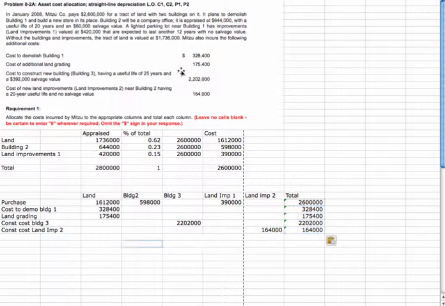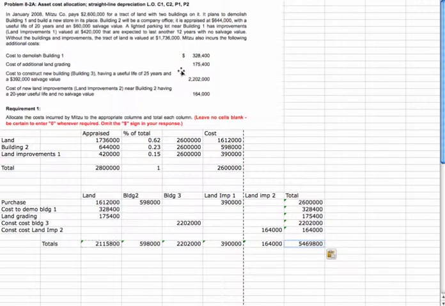So now what I can do is I can say how much do I have in land, so I can say my totals. My land cost are all these costs here. My building cost, my building 3 cost, my land improvement cost, and all my costs here.